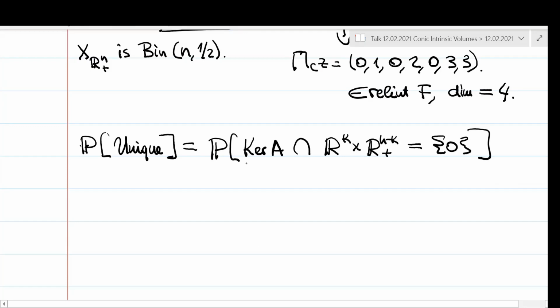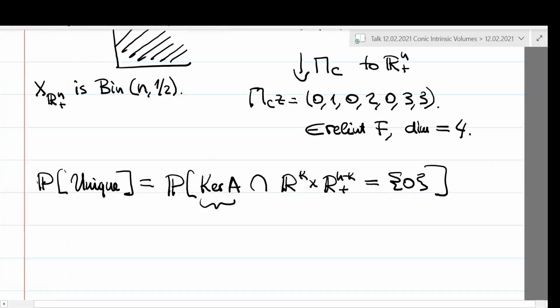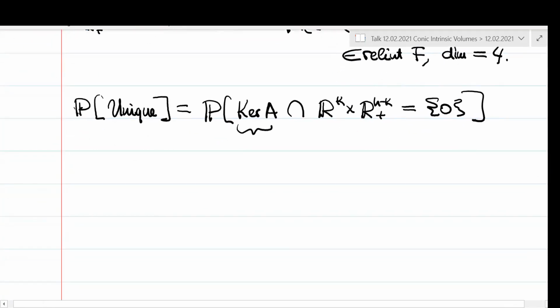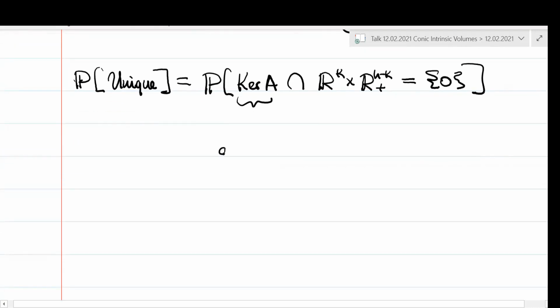Now, assume A is Gaussian, a random matrix with Gaussian entries. Then this kernel is a subspace of codimension d with probability 1, and it is uniform on the set of all such subspaces.